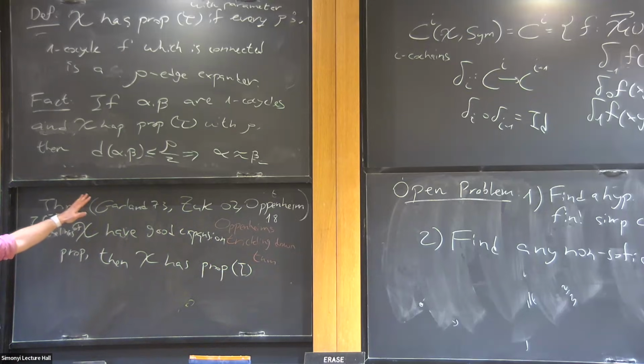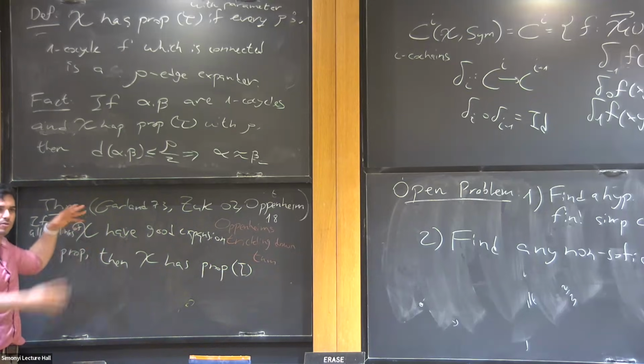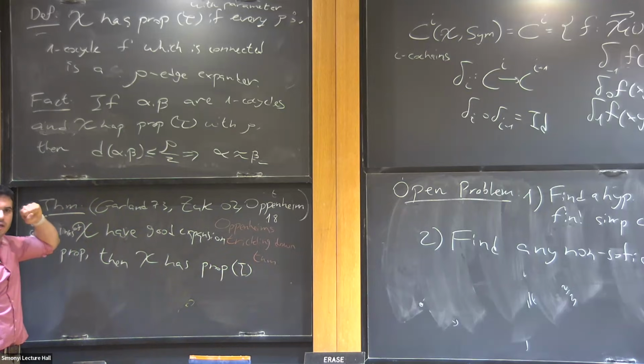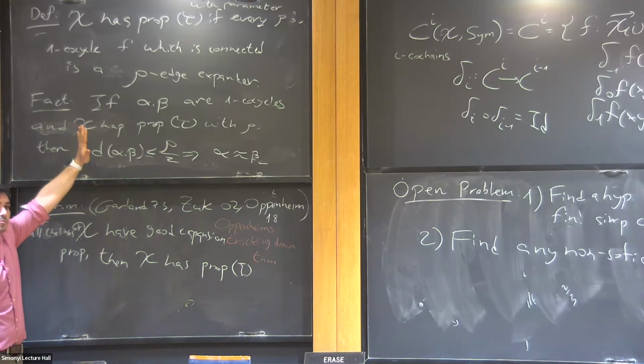I'm not even giving you the exact parameter. X must be connected itself, it's not a disconnected simplicial complex, it's a connected simplicial complex. But once you have this, if all the vertex links in the two-dimensional case are very good expanders, then X has property tau, it satisfies this property.